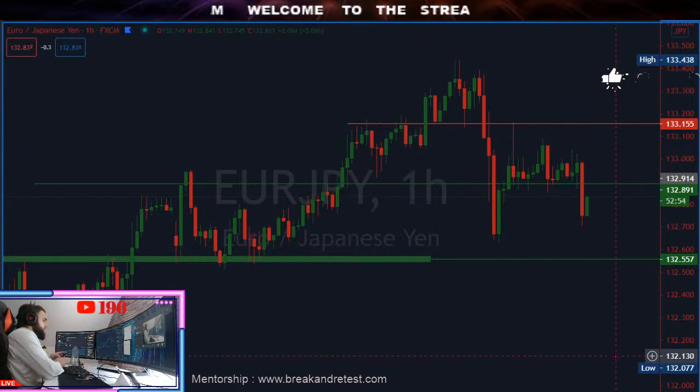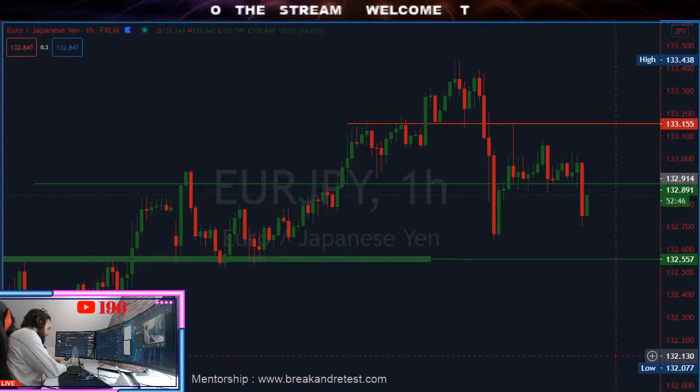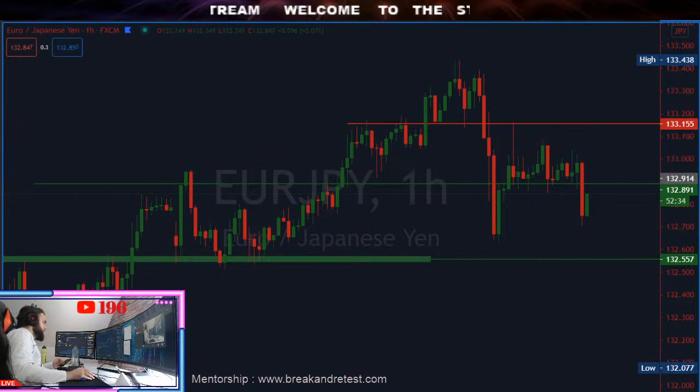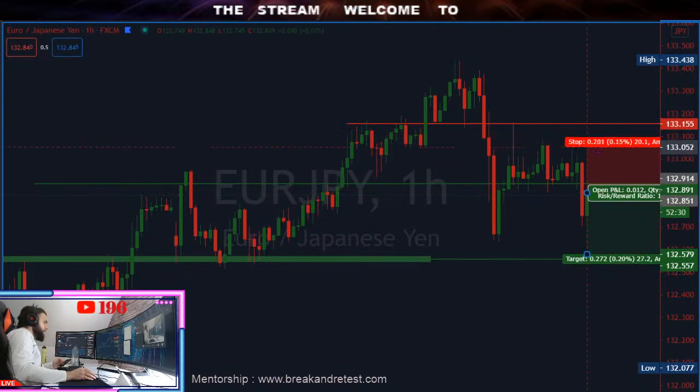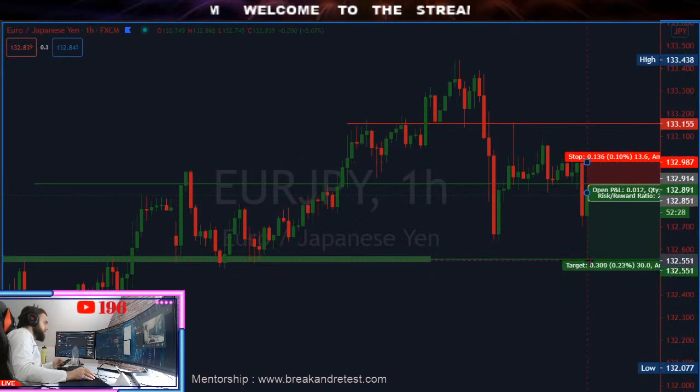Okay, price is at 850. I'm gonna enter half here. Let's go. Let's go. We are in. Stop loss above the breakout candle.